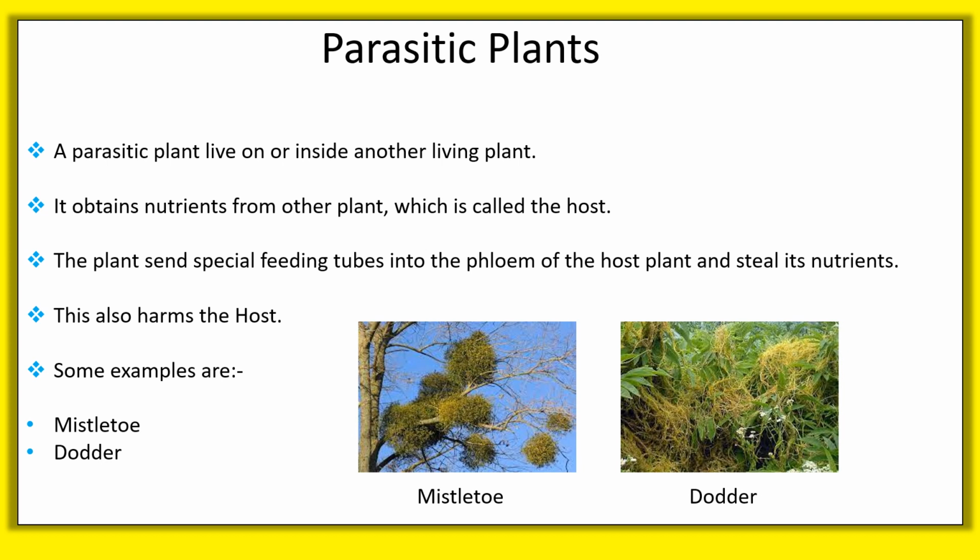Now we are going to learn about parasitic plants. A parasitic plant can live on or inside another living plant. It obtains nutrients from the other plant, which is called the host.